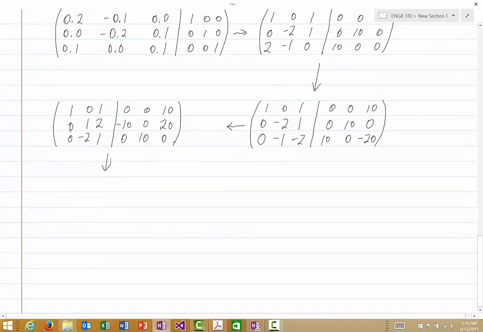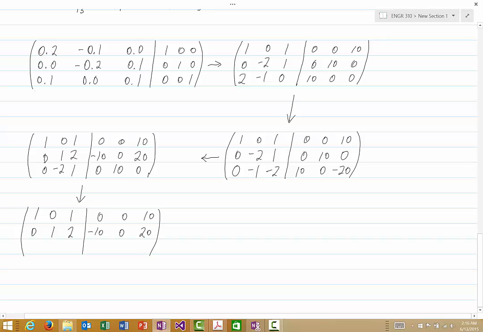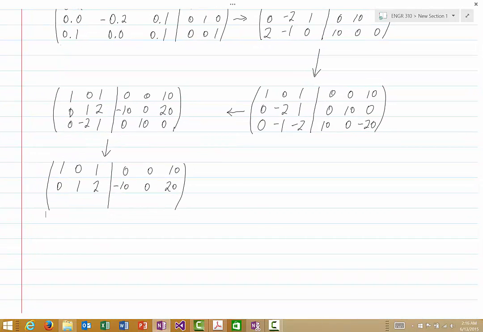And now it will be easy to eliminate this negative 2 simply by multiplying the middle row by 2 and adding it to the final row. So we have 1, 0, 1, 0, 0, 10, 0, 1, 2, negative 10, 0, 20. And then again, what we want to do here is multiply the second row by positive 2 and add it to the third row.